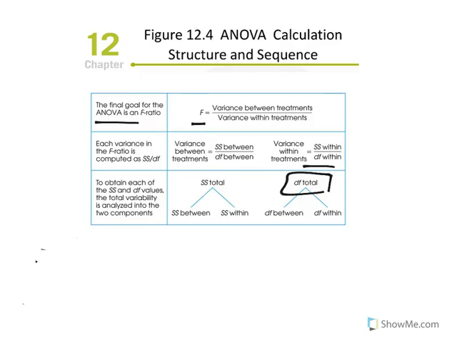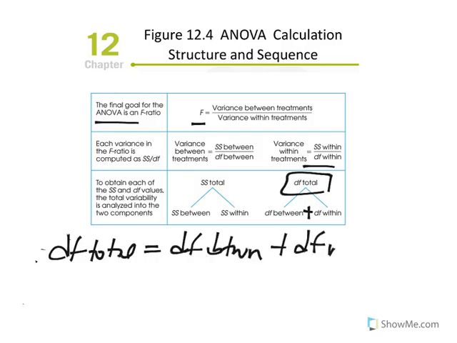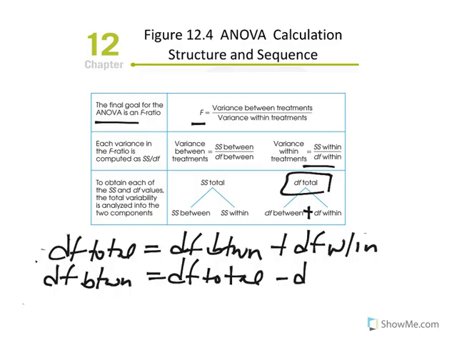So similarly, for degrees of freedom, total is degrees of freedom between added to degrees of freedom within. Again, the calculations will be presented shortly. So degrees of freedom total is equal to degrees of freedom between added to degrees of freedom within. So logically, we could compute degrees of freedom between by taking degrees of freedom total and subtracting degrees of freedom within.